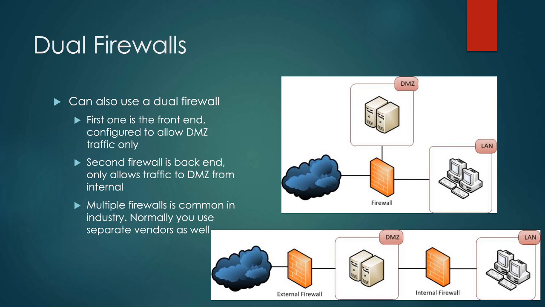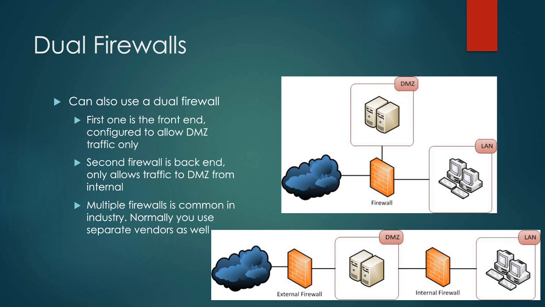You can also actually have multiple firewalls. This is very common in industry where you would have an external firewall that might forward to the DMZ, and then you would have an internal firewall that would then forward to your local area network. The second firewall is generally backend and it only allows traffic to the DMZ from internal, and it's one of the ways we can give an extra layer of protection.